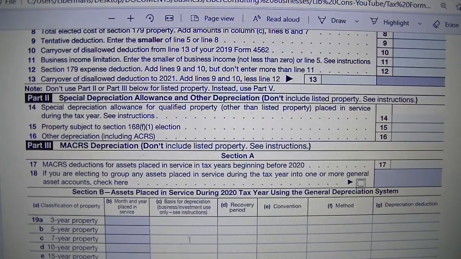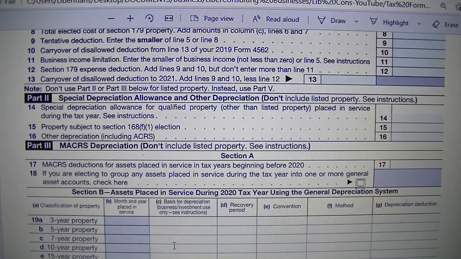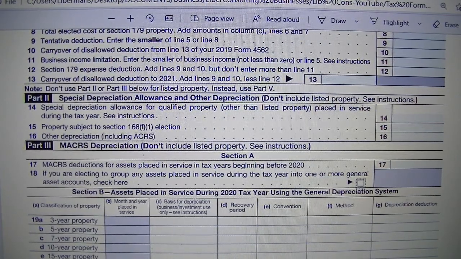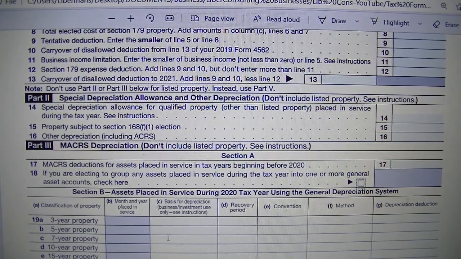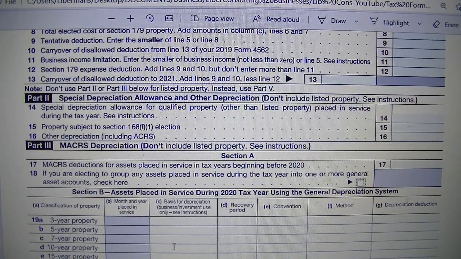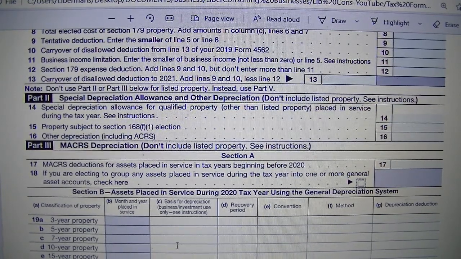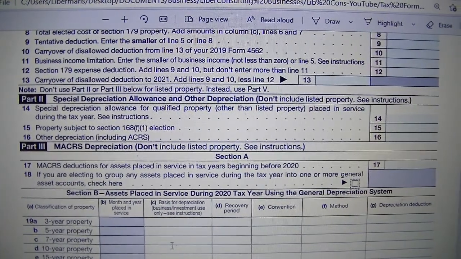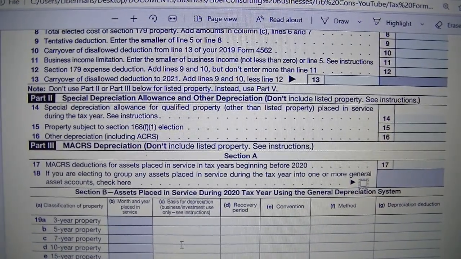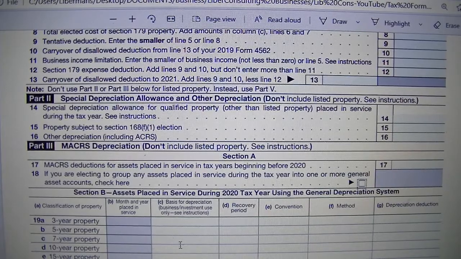So the portion here should be the portion of the cost that is business and investment use, minus any section 179 taken if qualified, and any other special depreciation that you took.